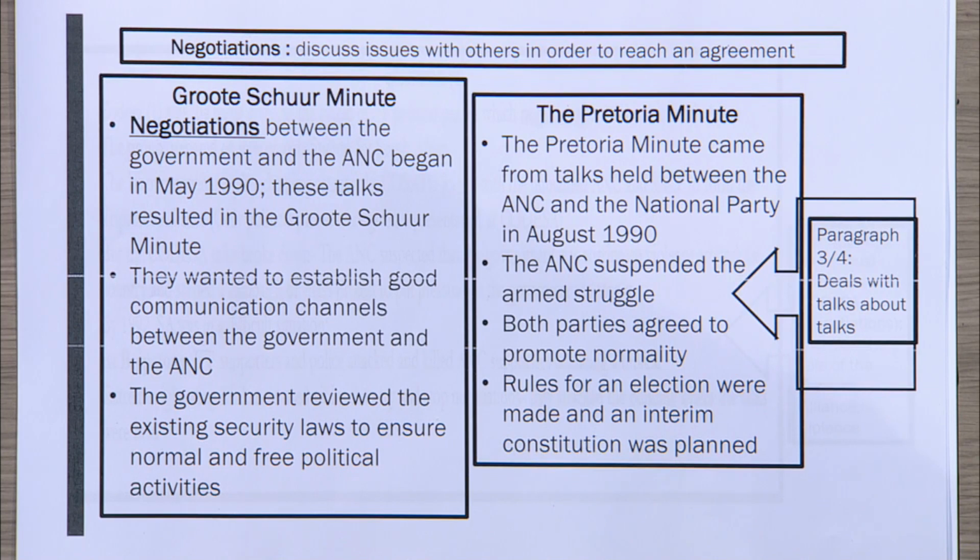The government reviewed the existing security laws to ensure normal and free political activities. The Pretoria minute would then come from talks held between the ANC and the National Party in August 1990. The ANC suspended the armed struggle. Both parties would agree to promote normality, and the rules for an election were made, and an interim constitution was planned.